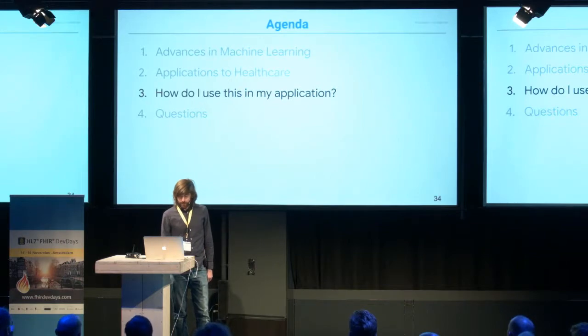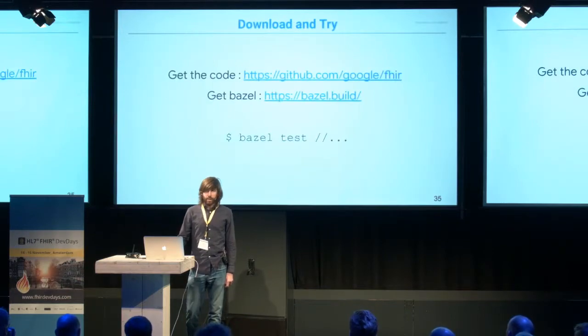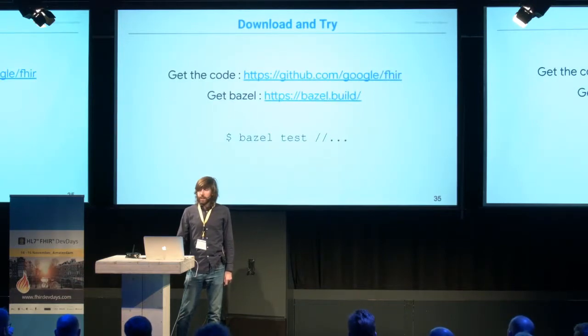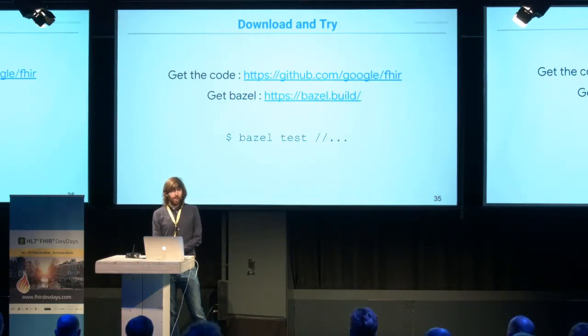All right, so how would I go about using these types of advantages in my application? One of the things that we did from the very beginning was we wanted to open source some of our work, with the same motivations as open sourcing TensorFlow. We have a GitHub repository that we've put code on over some time, and now most of the machine learning work we've done is also there.